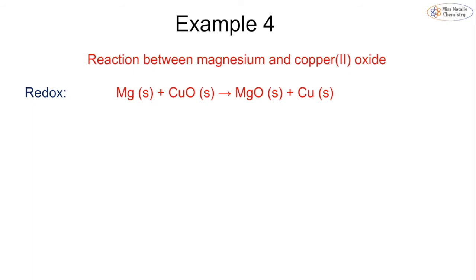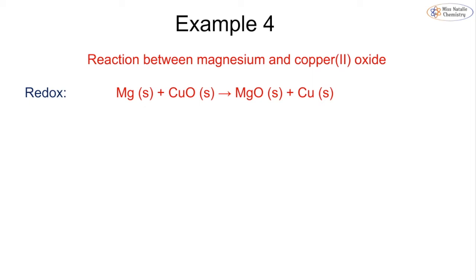Now, sometimes they could give you a redox reaction where it's looking at oxygen transfer. All the ones that we've been looking at are electron transfer, but for oxygen transfer, we can identify what's being oxidized and what's being reduced, but we can actually still write out a half equation using the electrons.